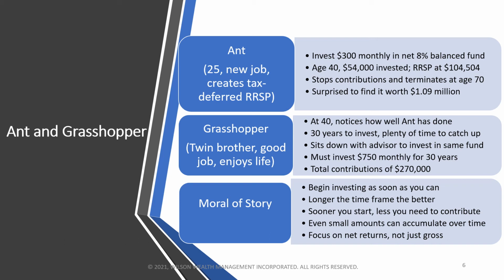At age 40, though, the ant decides to get married, decides to set up a different pension plan with her husband, and stops making contributions into this specific plan. It sits there for the next 30 years, and she finally terminates it at age 70.